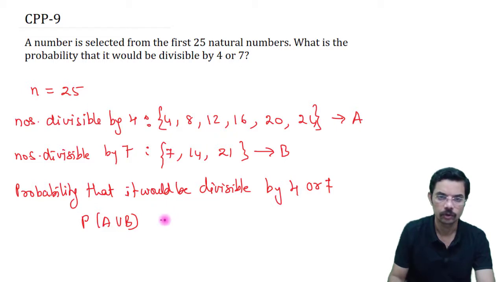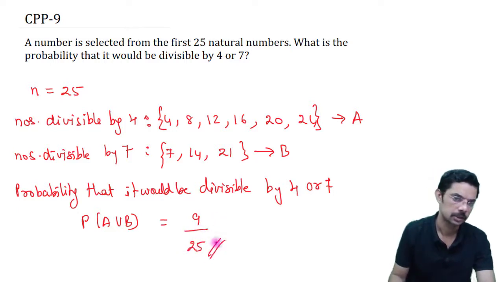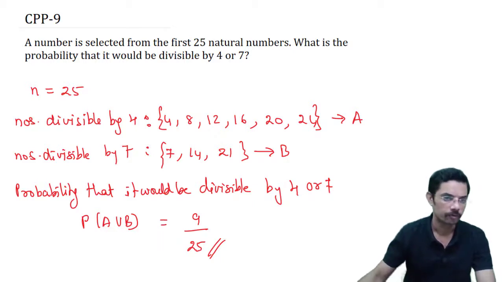No. So how many elements? The probability of A union B is the number of elements in A union B, which is 1, 2, 3, 4, 5, 6, 7, 8 and 9. So it is 9 divided by the total numbers, that is 25. So this is your answer. It is 9 by 25.